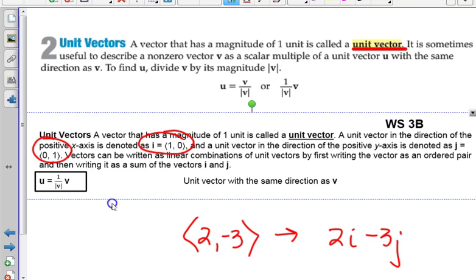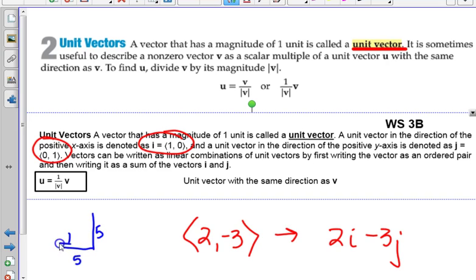All right, a unit vector means you take either one of these and you reduce it to 1 unit long. So what you have to do is you have to find the length of the original and then divide each piece off. In other words, guys, if I wanted a vector that had the same direction as one that was going to the right 5 and up 5, I could go to the right 1 and up 1, right?